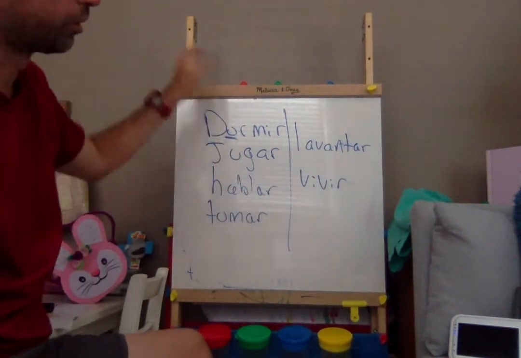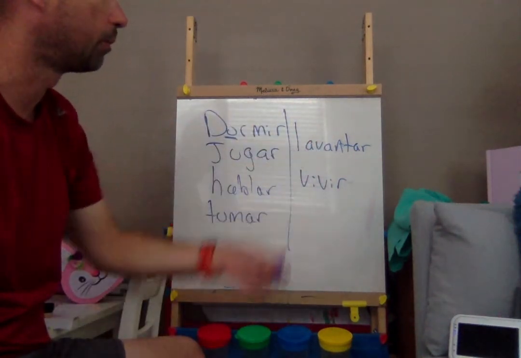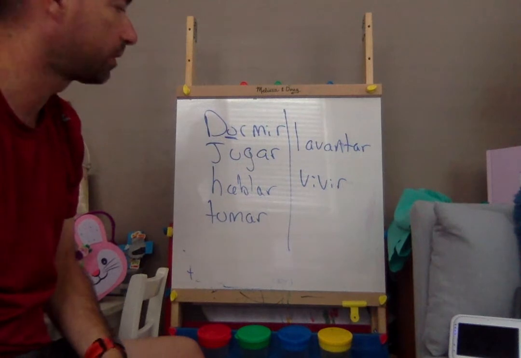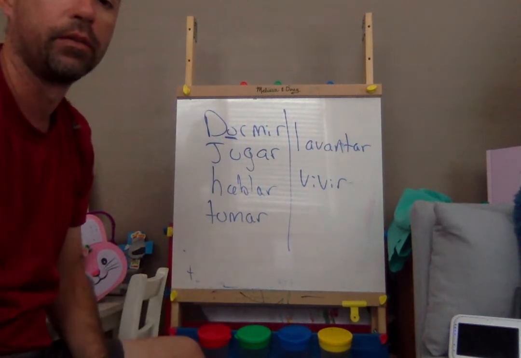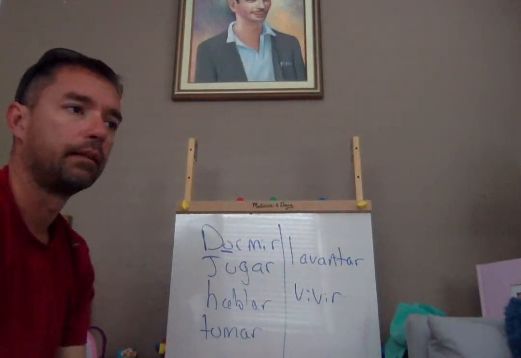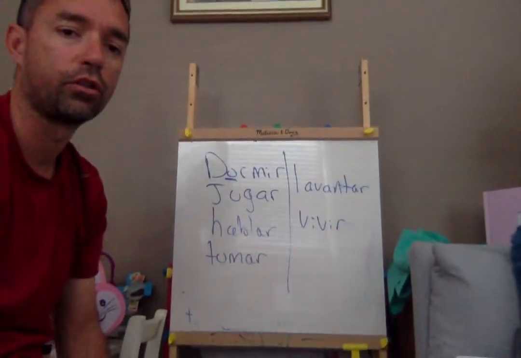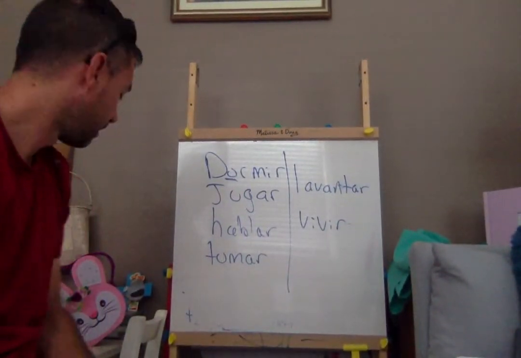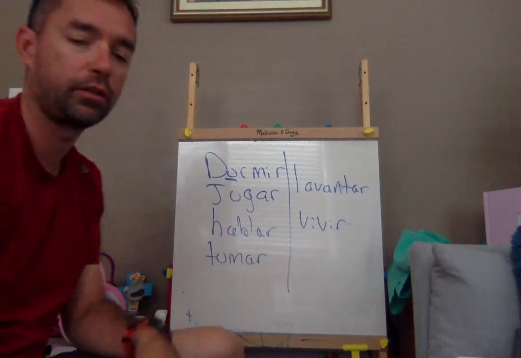So the situation where these two words are going to be used is, you know, someone raises their hand or wakes up every time something happens. It's an ongoing event. Versus vivir, so someone lives in Lakeland, so they still live in Lakeland. That hasn't changed.